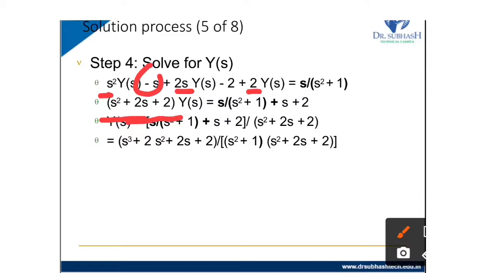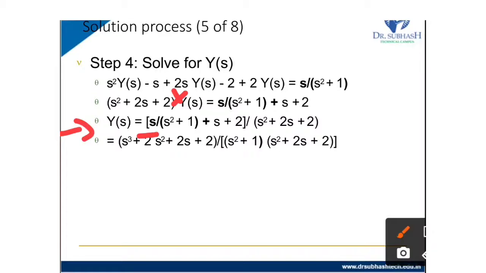Then this term, minus s and minus 2, will be on the right side of the equal sign, so it is plus s plus 2. Now the next step, Y(s) equal to, it is multiplied with Y(s). So when we put it on the other side of the equal sign, it will become the denominator.